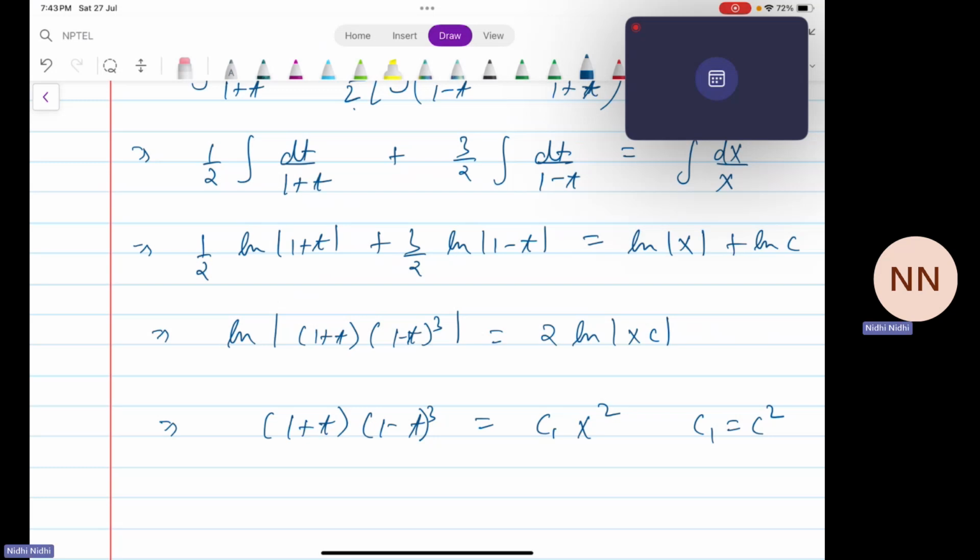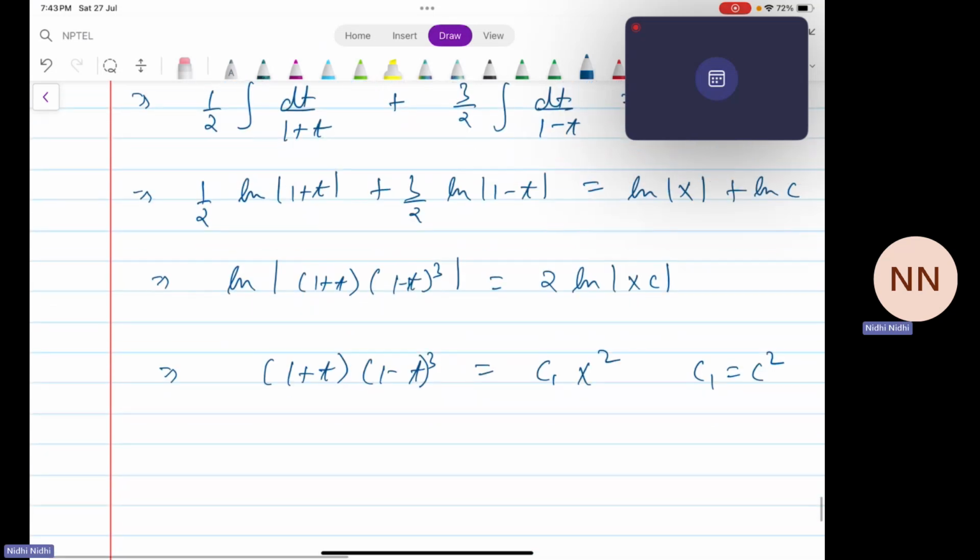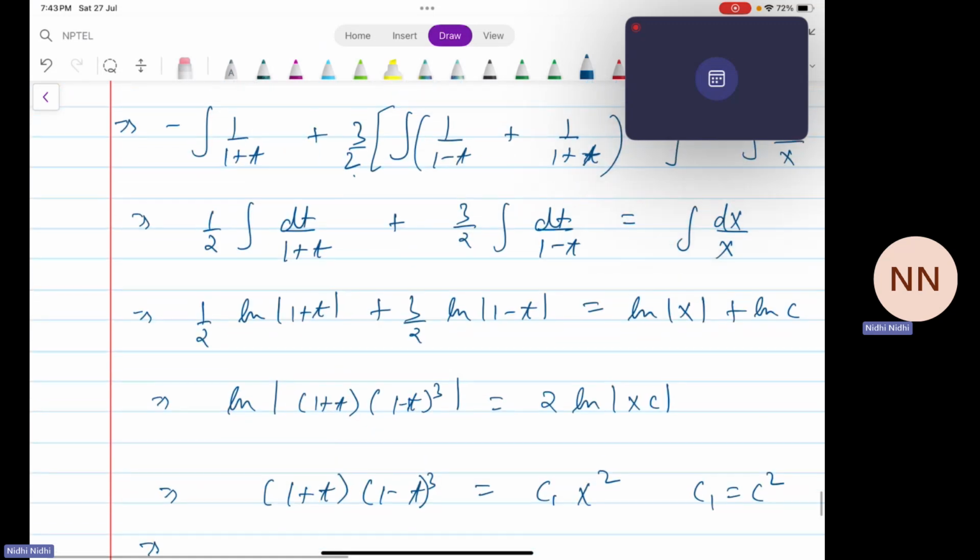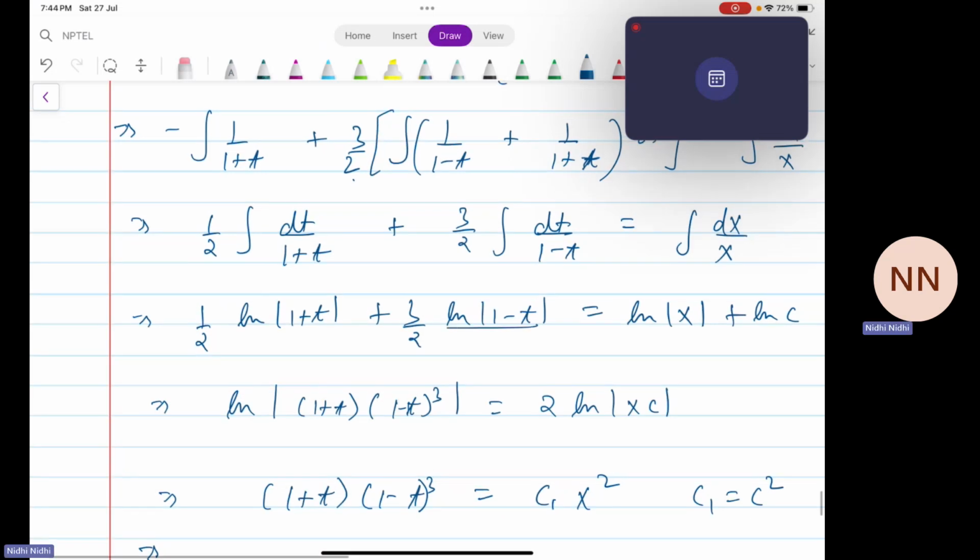Now replacing the value of t, we get... I think there is some issue. Yes, here we will have minus 1.